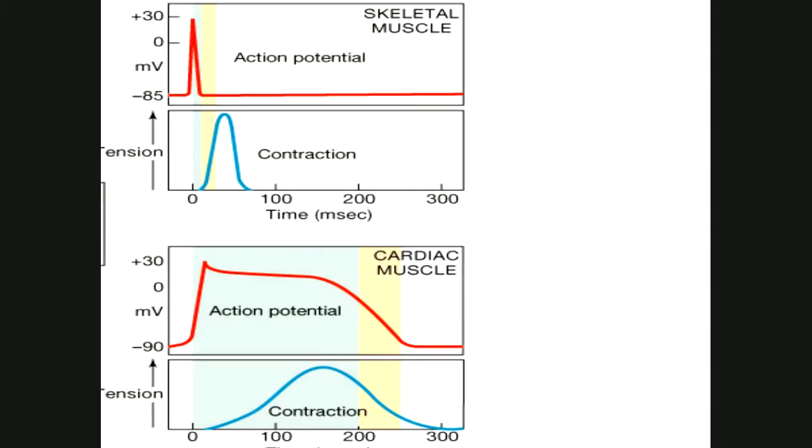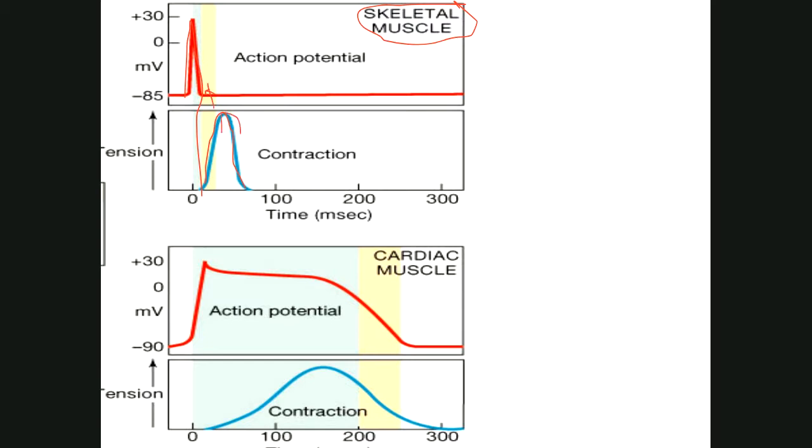Well, here's what prevents tetanus from happening in the heart. If we look at skeletal muscle, remember the action potential. There it is. The action potential is basically done before the contraction even gets going. So if I give it another action potential, I get another contraction.